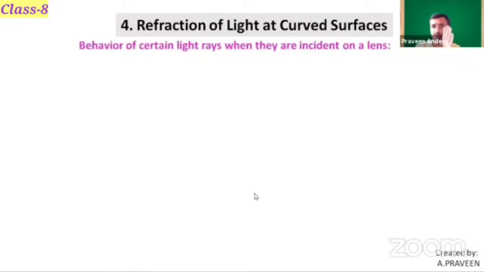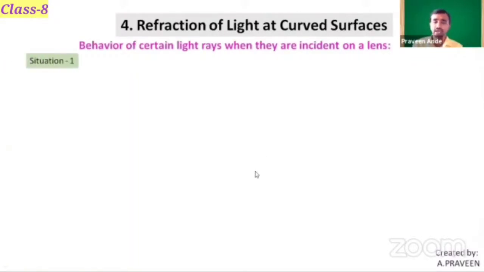Here, that is not important, but we simply select certain rays to be incident either along the principal axis or passing through the pole, right? Then the normal incidence, like that we can select, and parallel. So how do they behave after refraction in the case of a convex lens and in the case of a concave lens? Both we will discuss, right? So take a look at that once.